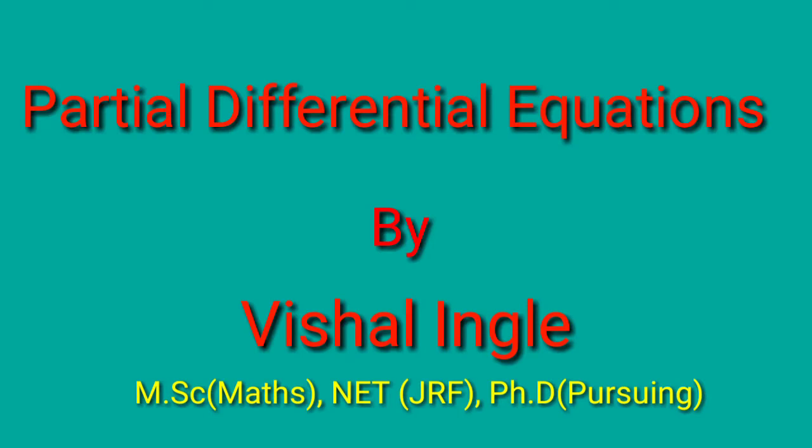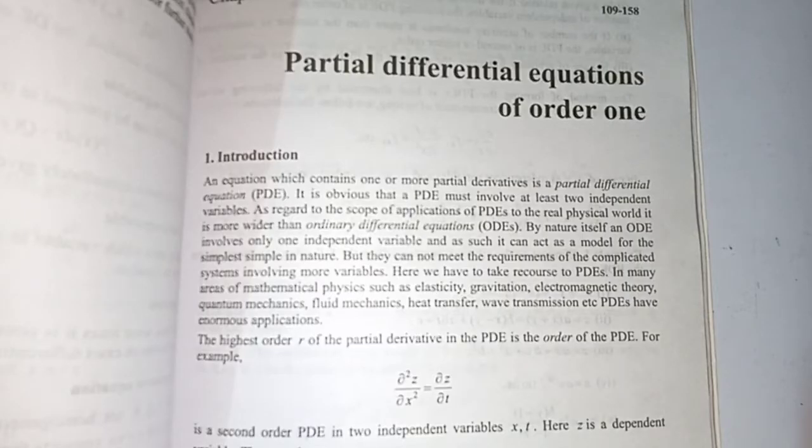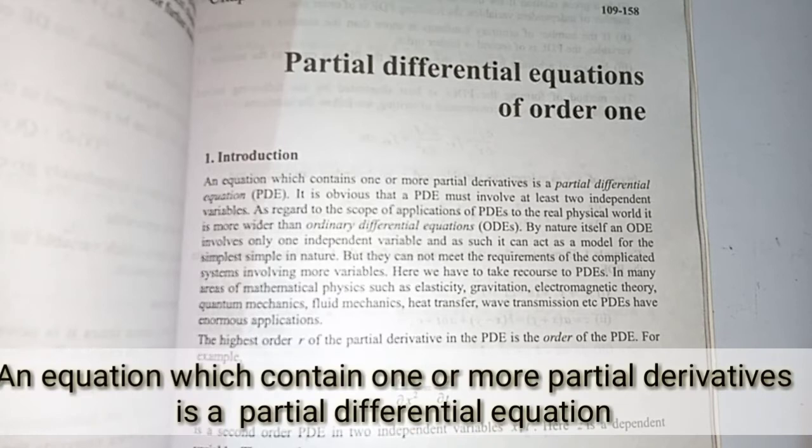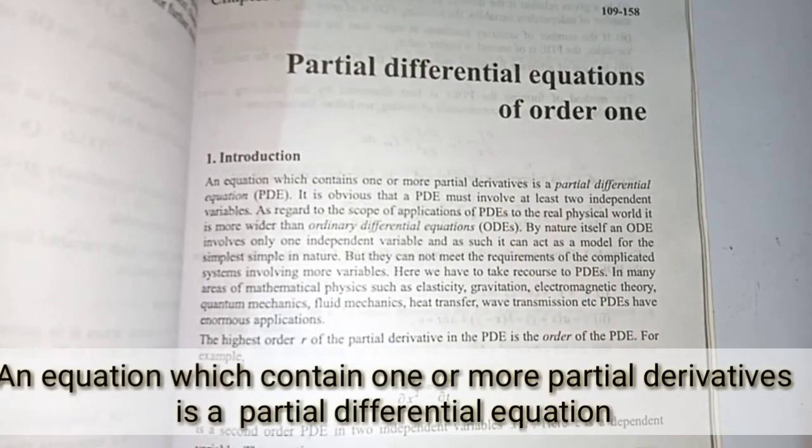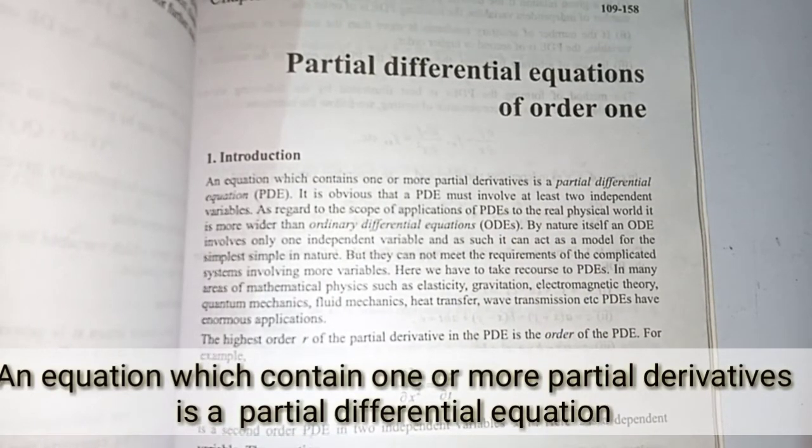Hello student, today we are going to start unit number 3 on partial differential equations of order 1. Now the definition of a partial differential equation is that an equation which contains one or more partial derivatives is a partial differential equation.